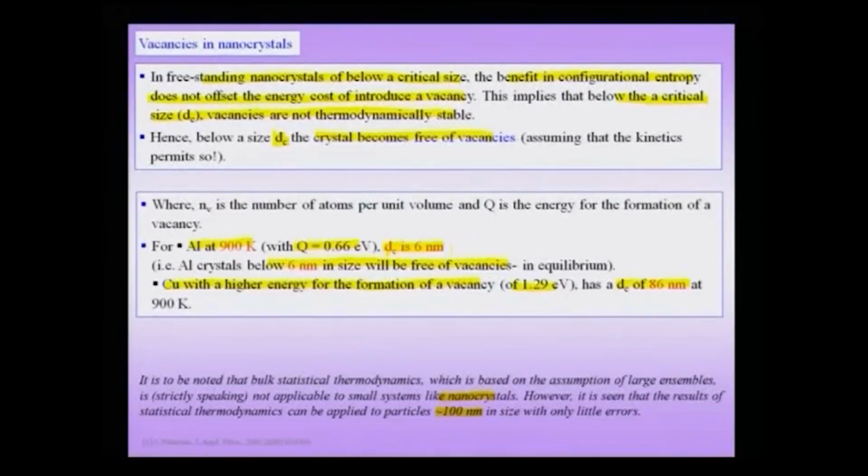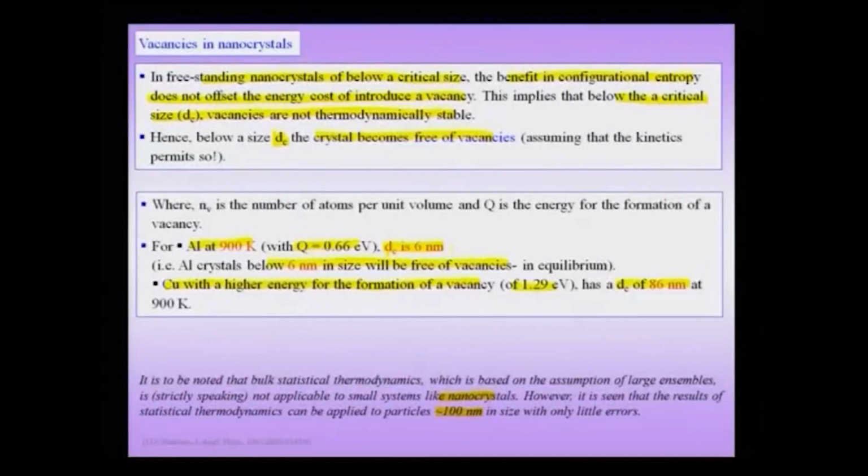Since we are not dealing in detail with the thermodynamics of nanoscale systems, the calculation based on this may be erroneous for 6 nanometers, but the important thing is that when you go down to small scale systems, we do expect that the system will become spontaneously free of vacancies. In other words, the system will not support vacancies as a stable thermodynamic defect, which is the case for bulk crystals.